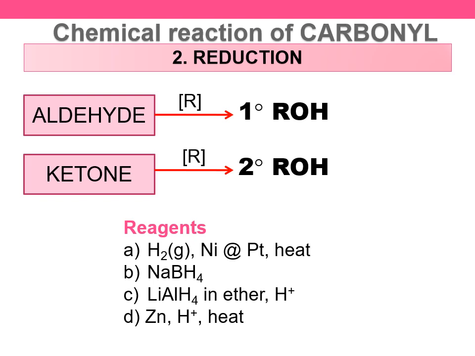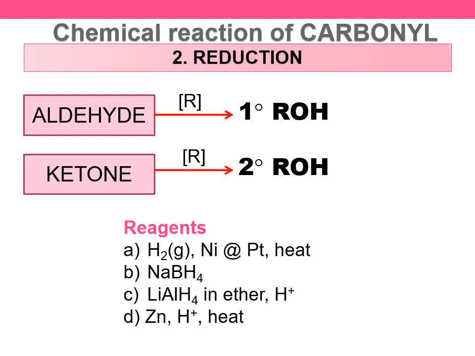Now, we are moving on to the second type of chemical reaction for carbonyl, which is reduction. Reduction of aldehyde is going to produce a primary alcohol, whereas reduction of ketone is going to produce secondary alcohol. We have a lot of reagents involved.